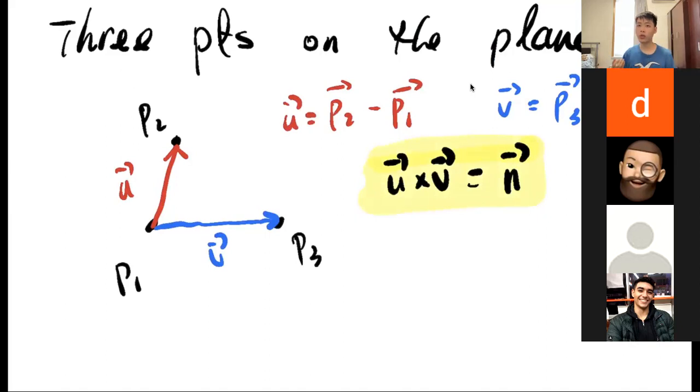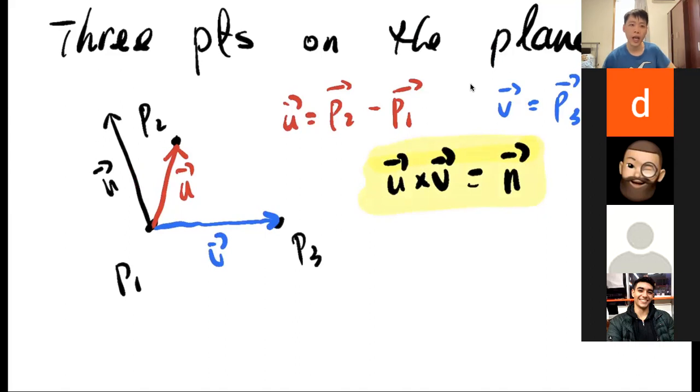So now this gives you back the part where you have a normal vector and a point. Let's say you picked the point P1 to be the point it goes through.